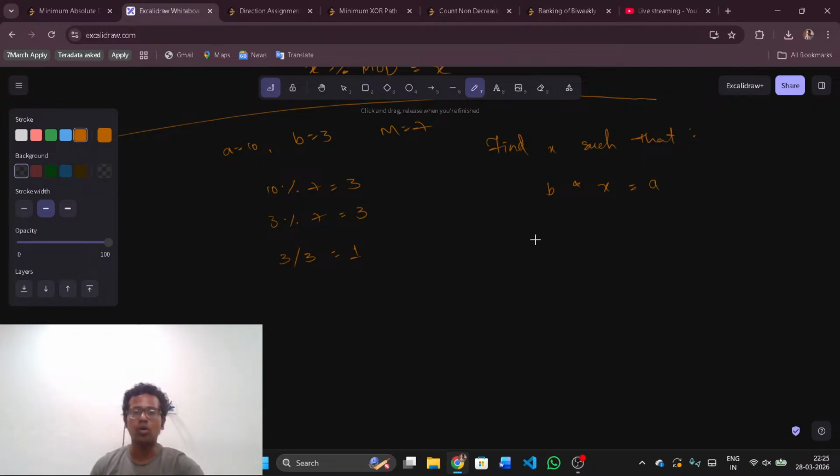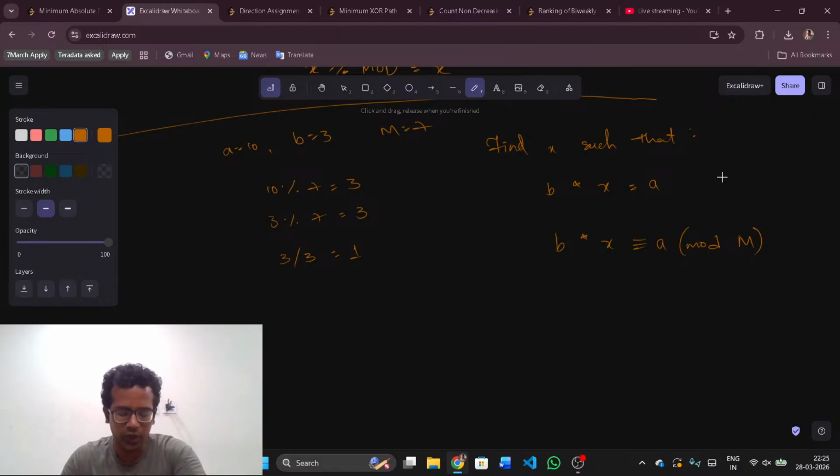In modulo we need b into x equal to a mod m, where m is 10^9 + 7. But one thing we need to note is that b into x does not have a solution every time. For example, a is equal to 2, b is equal to 4, m is equal to 6.